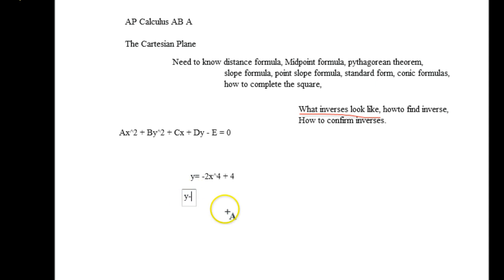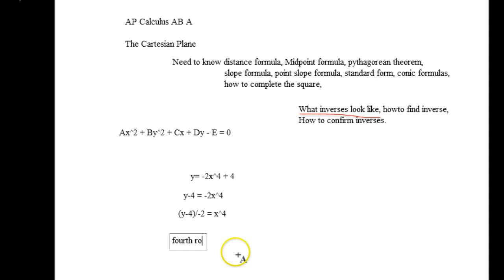So I'd get y minus 4 equals negative 2x to the fourth. Then I would divide both sides by negative 2. So parentheses y minus 4 parentheses divided by negative 2 equals x to the fourth. I'm not done yet, so I'm going to take the fourth root of everything.